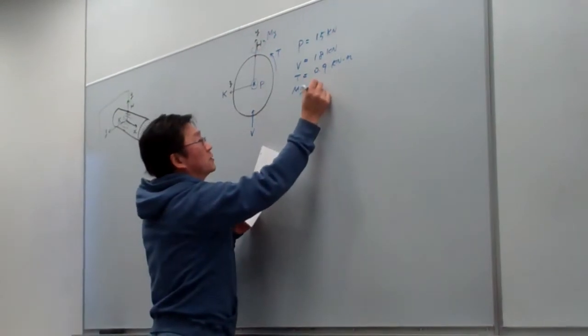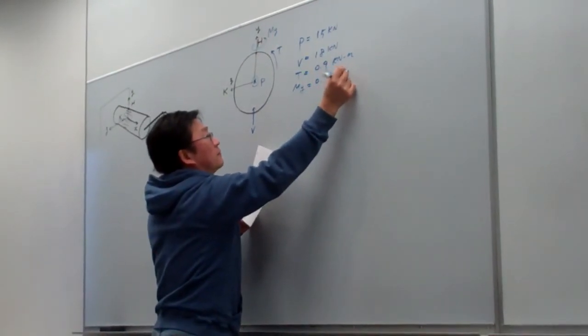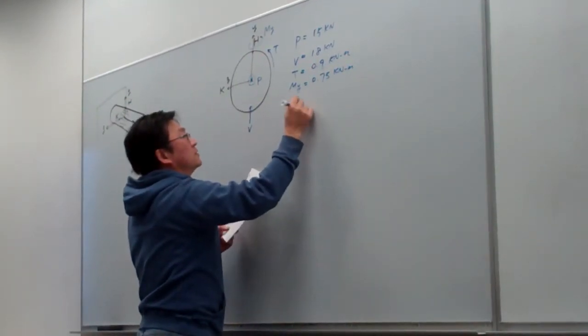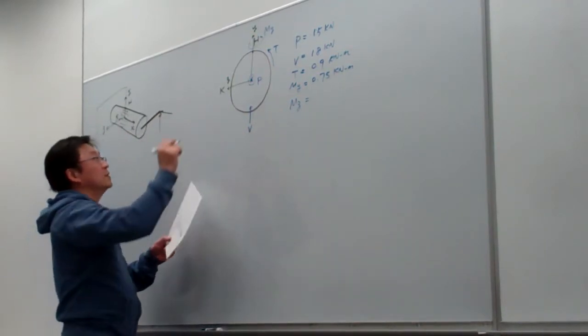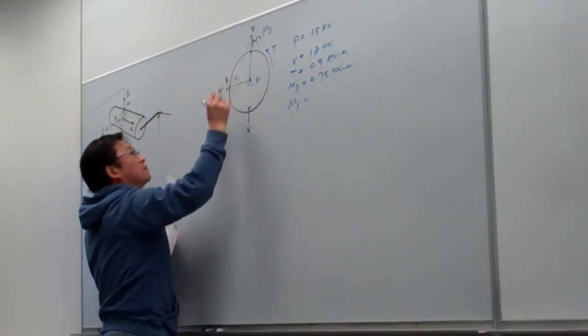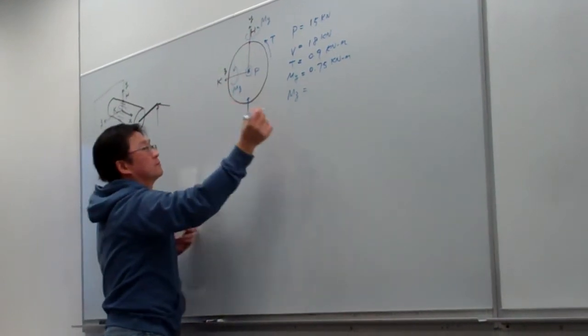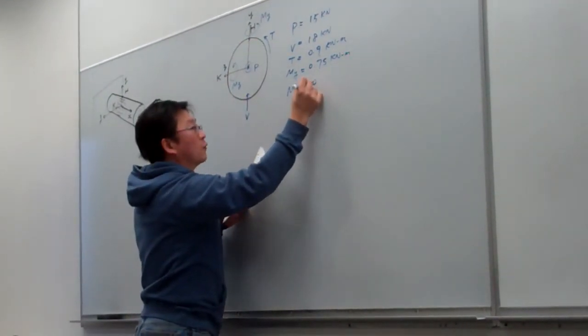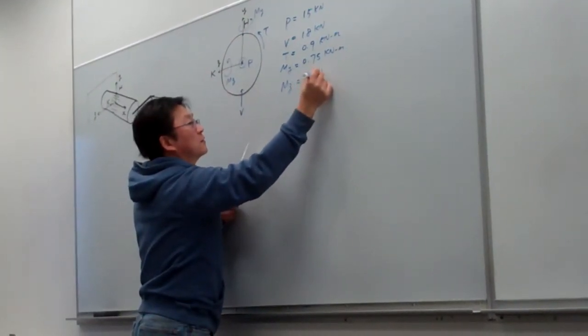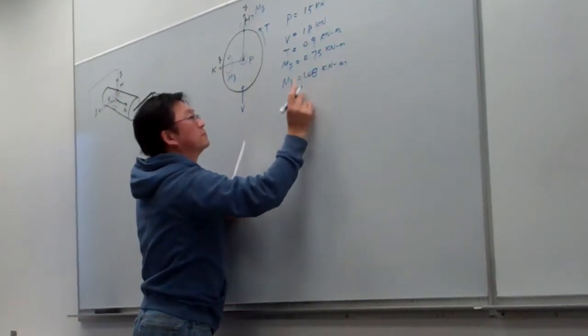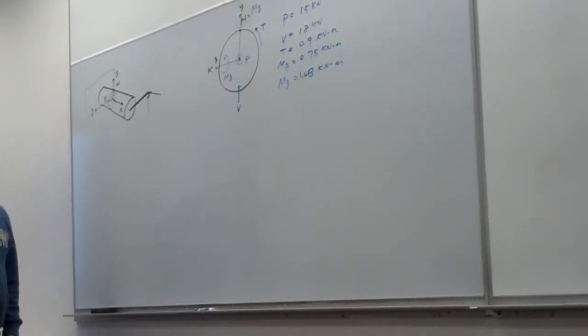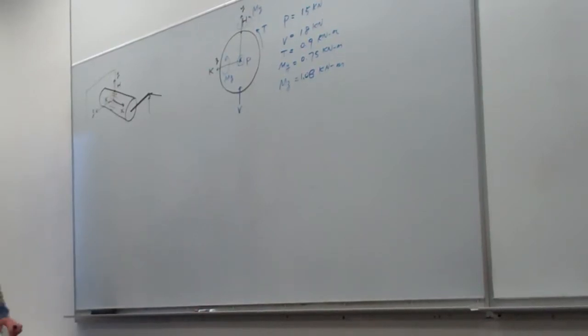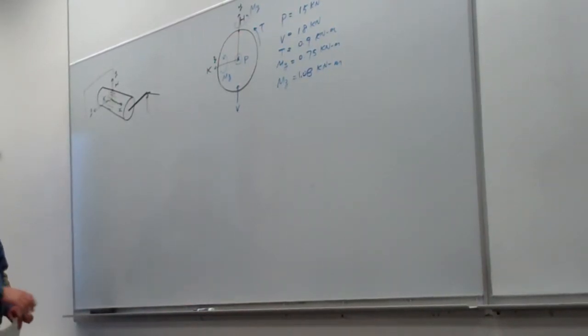My is 0.75, and we have Mz. Mz equals 1.08. Okay, so now we have five types of loading.